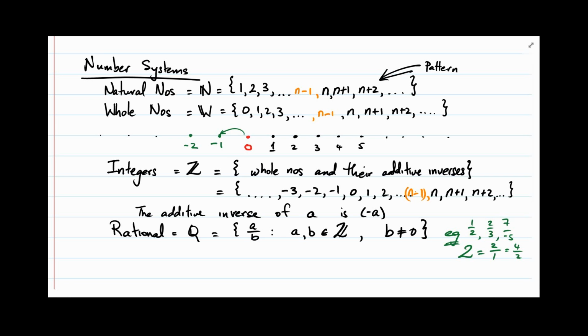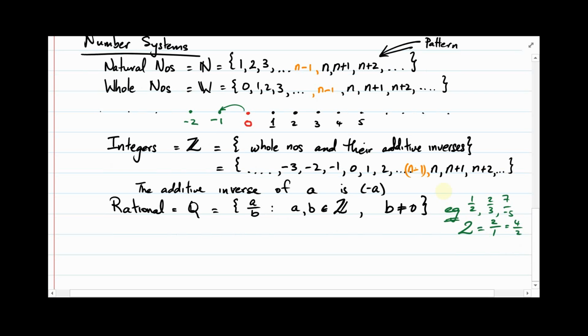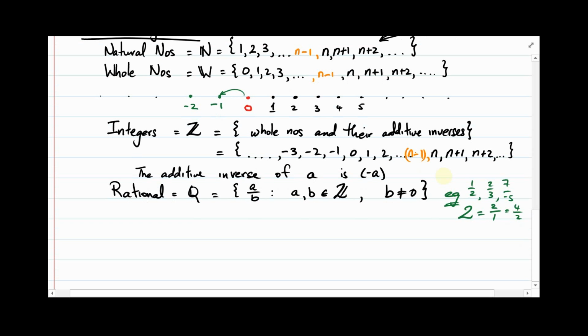Now, we've gotten quite far in the development of numbers. Here we had our natural numbers, whole numbers, integers, and rational numbers. But as many of you dislike fractions, you would prefer working in decimals. So in the development of math, we begin to ask, can all decimals be expressed as fractions?